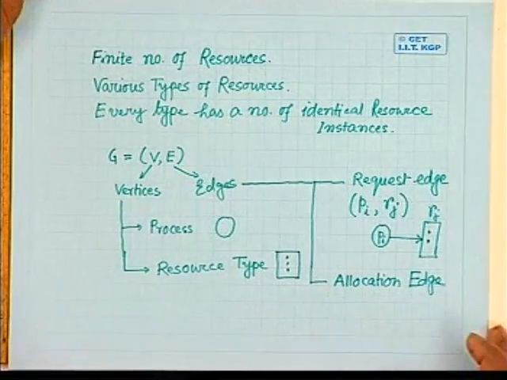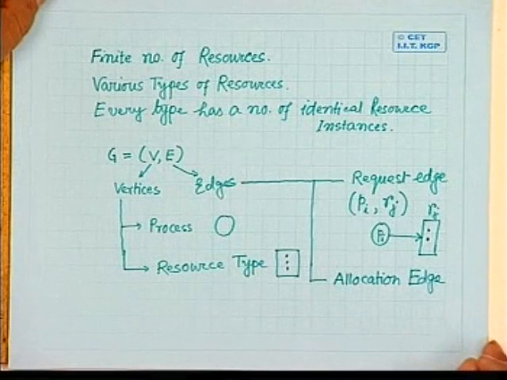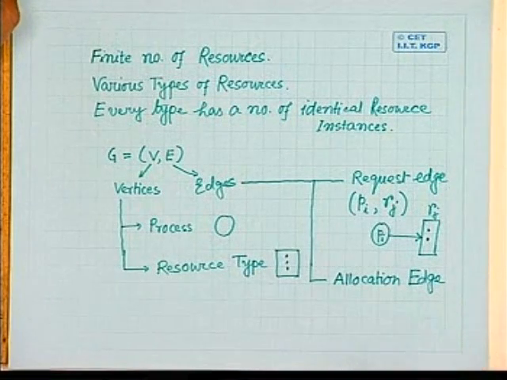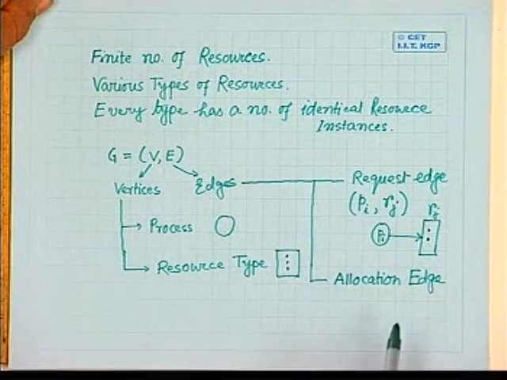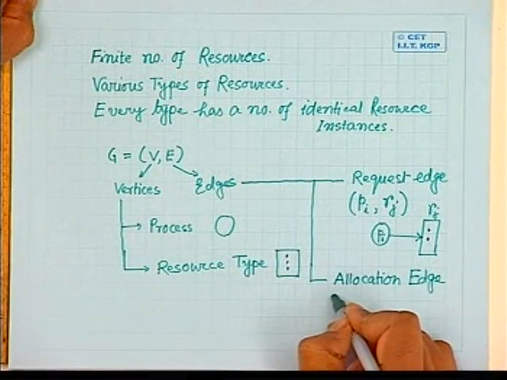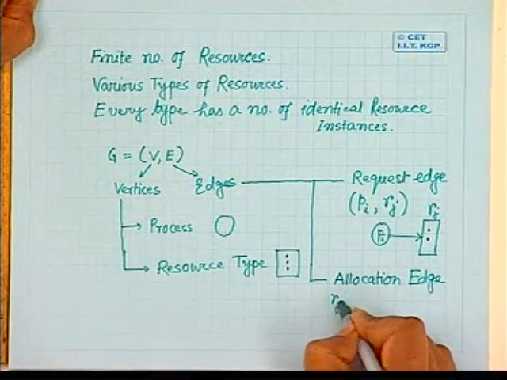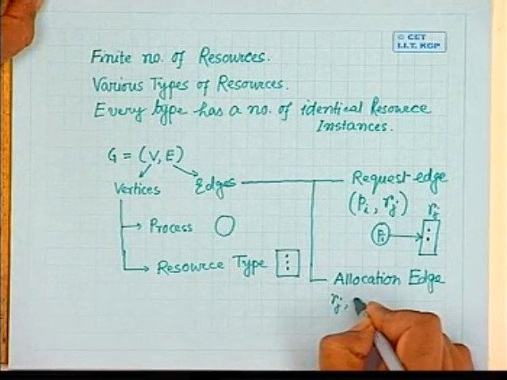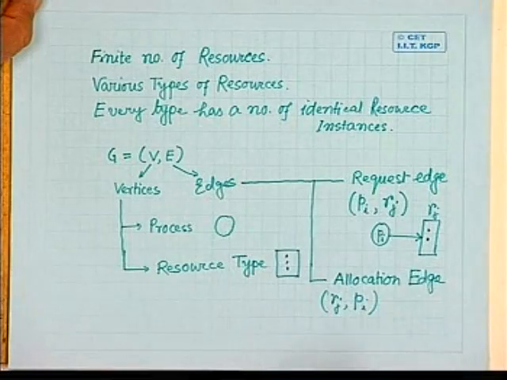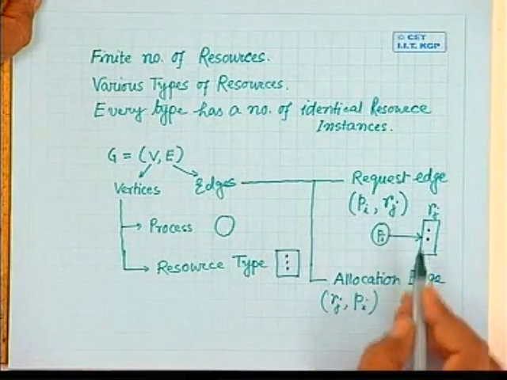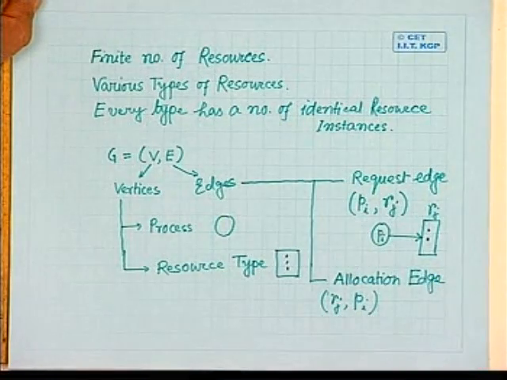And obviously, since an allocation edge represents an instance of a resource type which is allocated to the requesting process, the direction of this arrow will be different. So an allocation edge will be represented by an edge from resource type Rj to the requesting process Pi. So in this case it is Pi to Rj, in this case it is Rj to Pi.